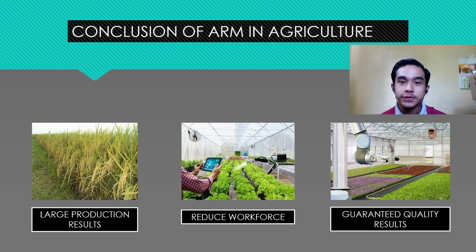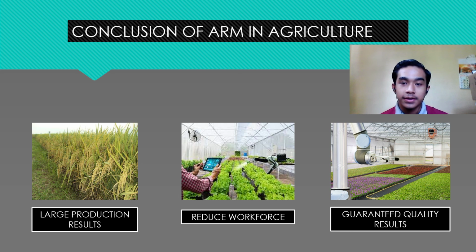Alright, we proceed to the conclusion of ARM in agriculture. There are a lot of benefits of using ARM in agriculture compared to traditional agriculture. As we can see, it gives large production results because of soil acidity care technology.